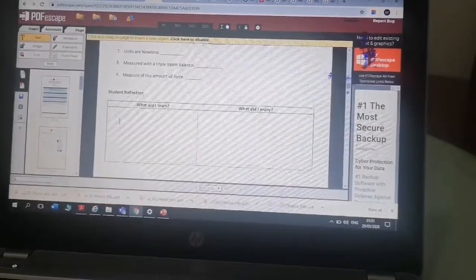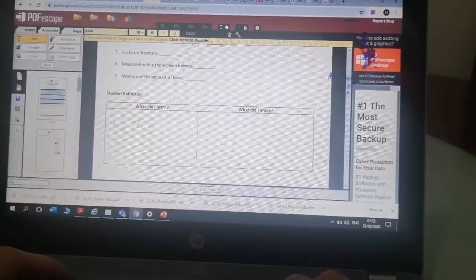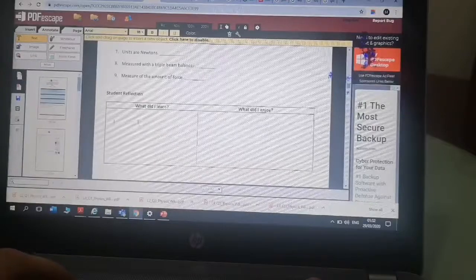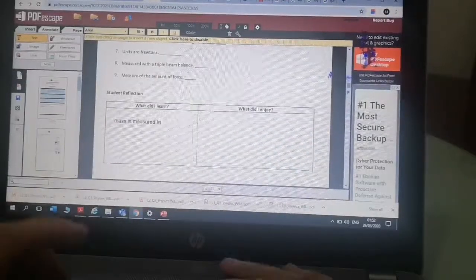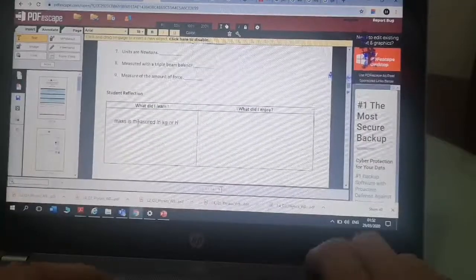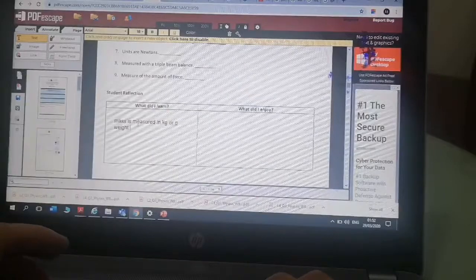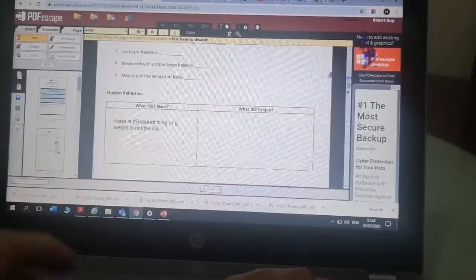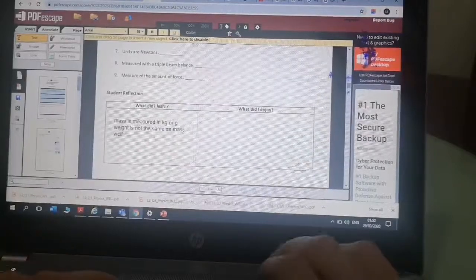Okay, so what did I learn from these lessons? I think the first most clear one is you learn the difference between mass and weight. Maybe you learn something like mass is measured in kg or g, grams or kilograms. We learned that weight is not the same as mass. Maybe you learned that weight is a force.